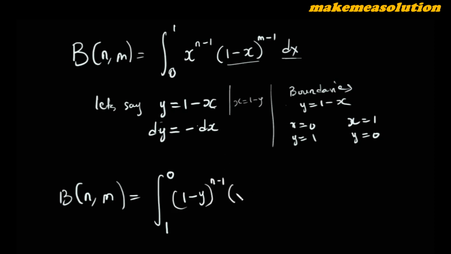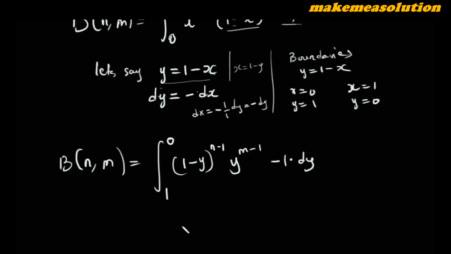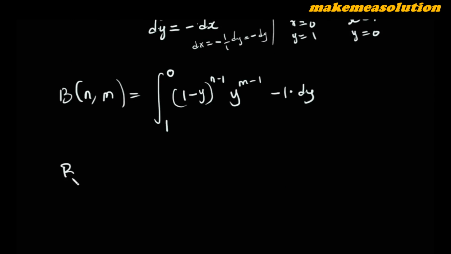Then 1 minus x is y according to this relation here, so you have y to the m minus 1. Then dx is minus dy. So at the end of the day, my beta of n comma m is now this integral.